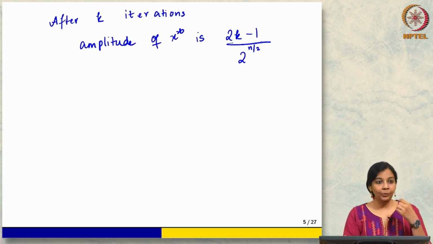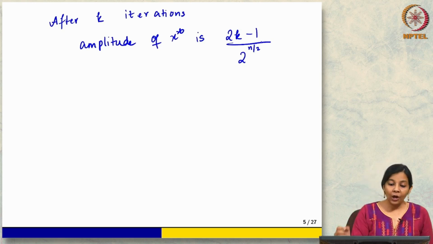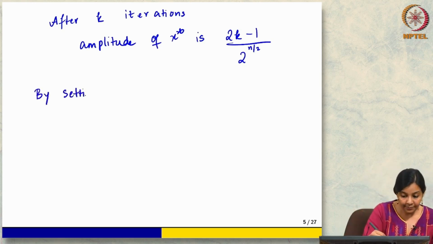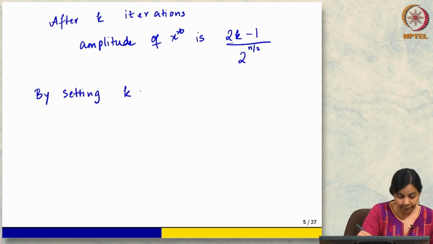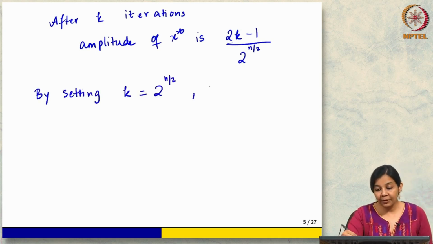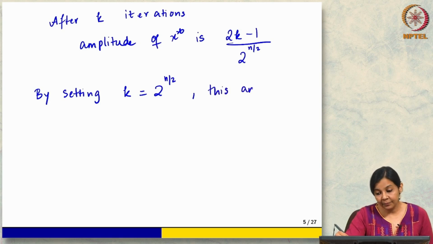So, you can compute that after k iterations it is going to be 2k minus 1 over 2 to the n over 2. So, now by setting k as 2 to the n over 2, this amplitude becomes constant.